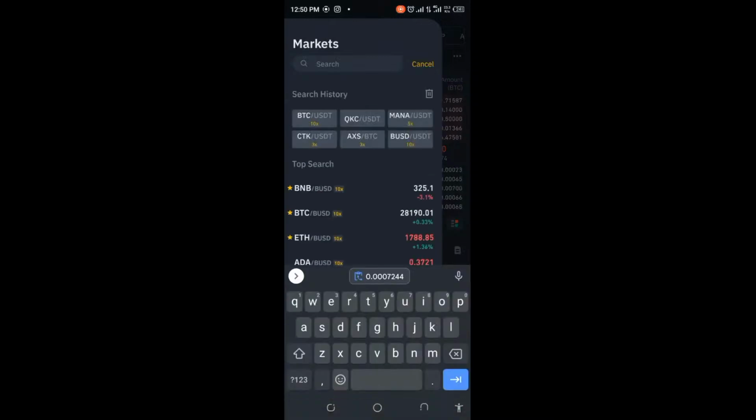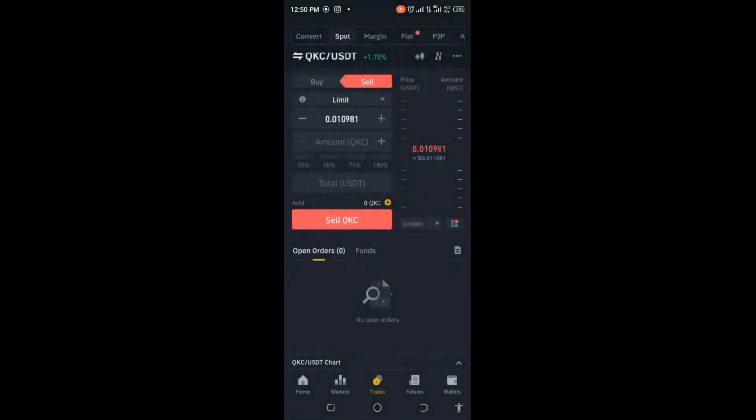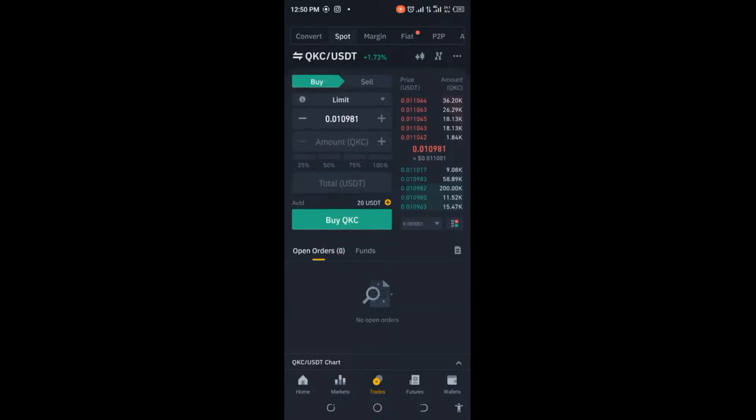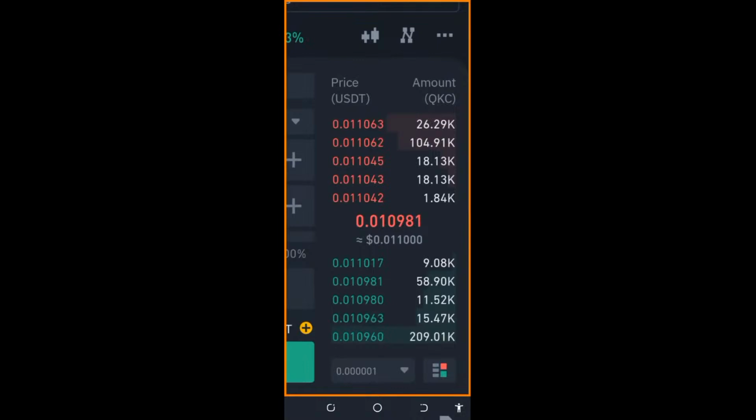You may feel that I'm wasting time doing this, yes, but these are the calculations we need to do, because if we do not do that, that's how losses happen. That's how losses happen. So what are we going to do here? QKC USDT. Let me reload that again. I'm just going to use all the market order prices.